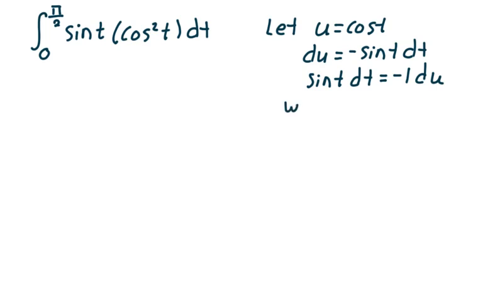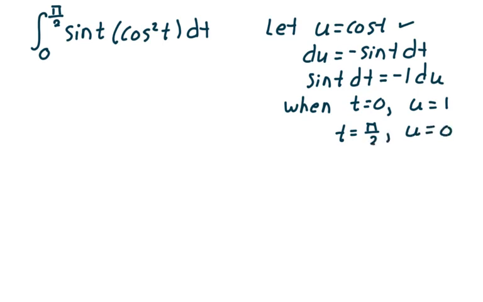So when t is 0, u is 1. Notice I'm plugging in up here to solve for u. And when t is pi over 2, cosine of pi over 2 is 0, so u would be 0. And so I'm going to have negative 1 times the integral from 1 up to 0 of u squared du.